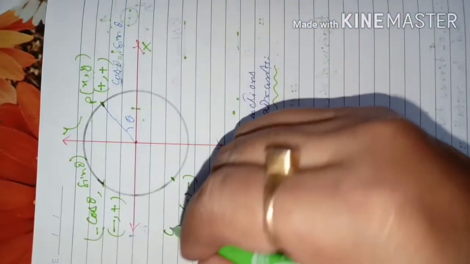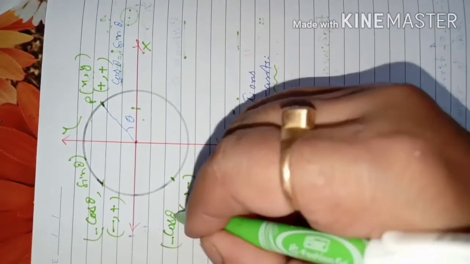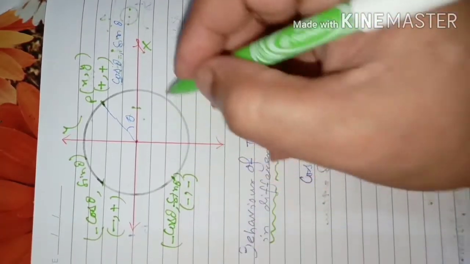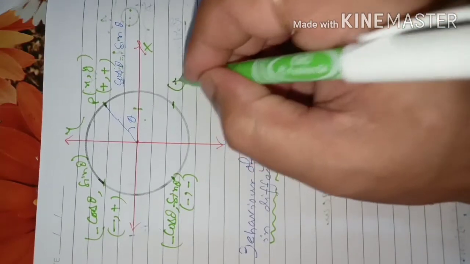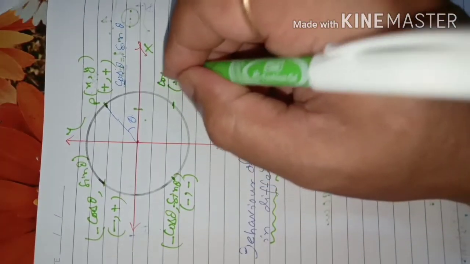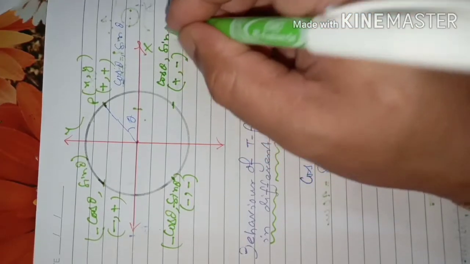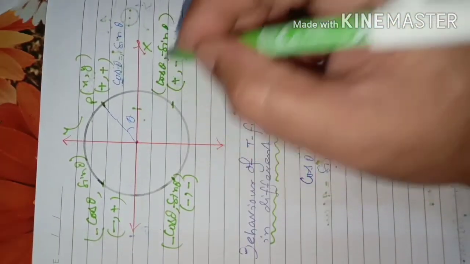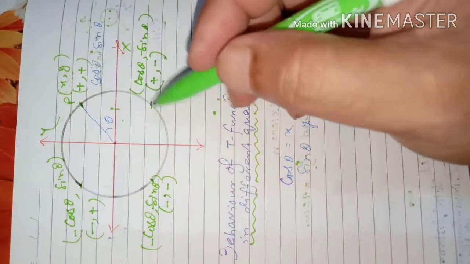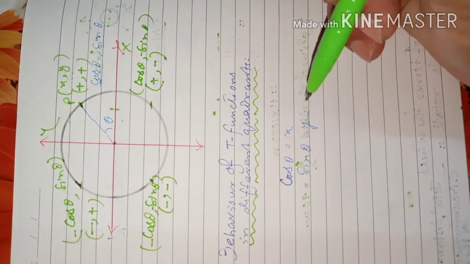So cos theta is negative and sin theta is also negative here. Then in the fourth quadrant, positive and negative: abscissa positive, so cos theta will be positive but sin theta will be negative. So these are the signs of the trigonometric functions cos theta and sin theta in different quadrants.